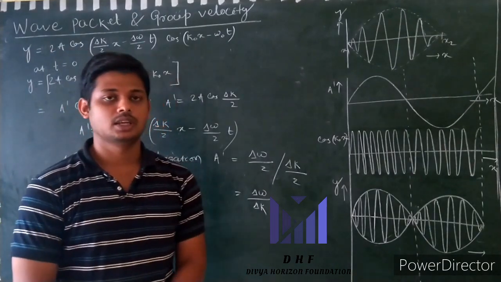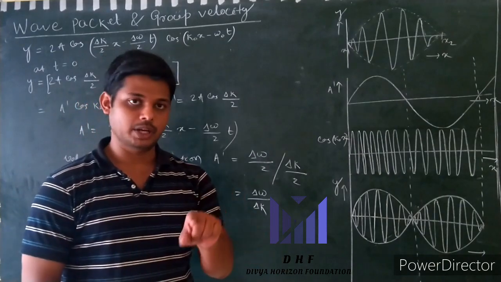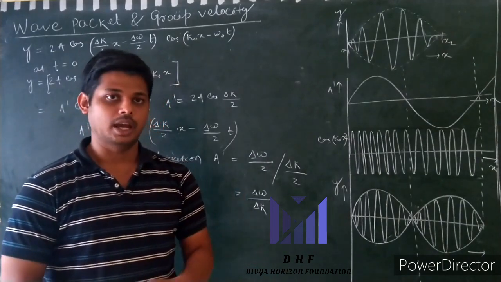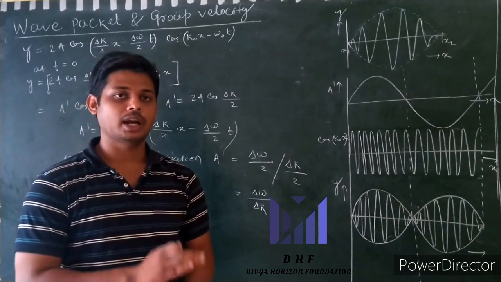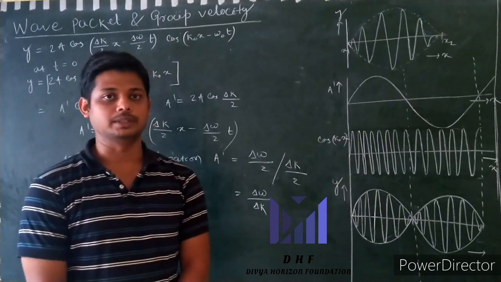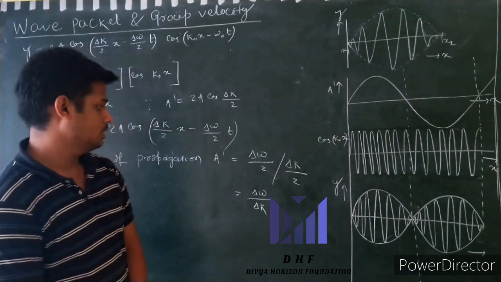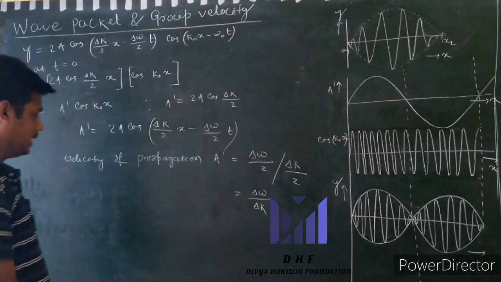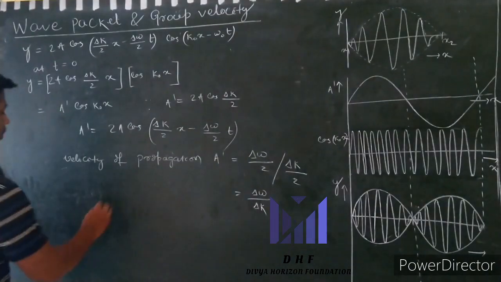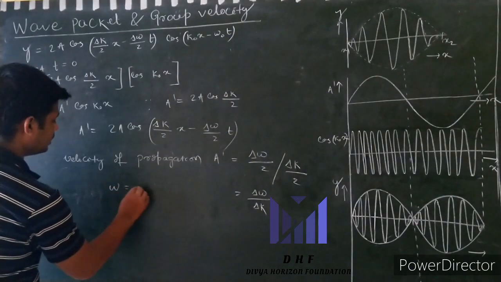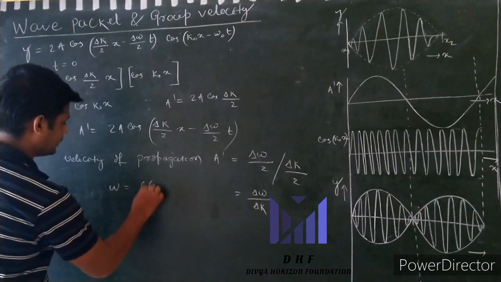So in this case, we can say that omega is a function of k.